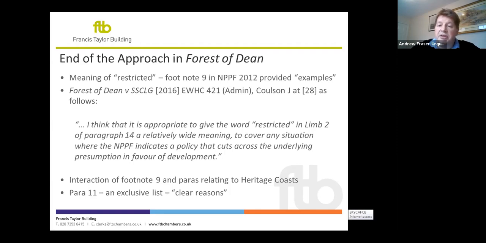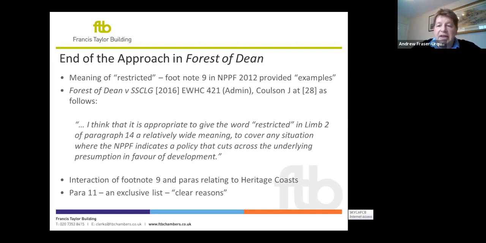Well, unfortunately, it was probably too successful for its own good, because it's been killed effectively by the 2019 NPPF. There are three significant changes which end the argument which was capable of being advanced previously.